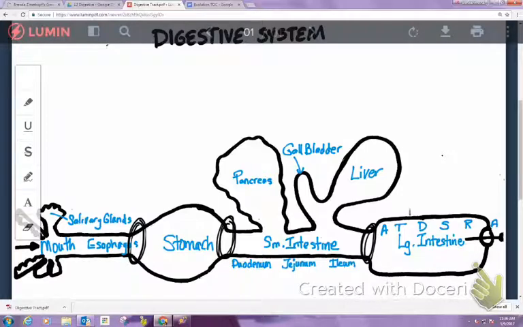So it goes ascending, transverse, descending, sigmoid, and then anus. The sigmoid colon is like an S-shaped region at the end. Kind of hangs. Ascending, transverse, descending, sigmoid, rectum, anus.